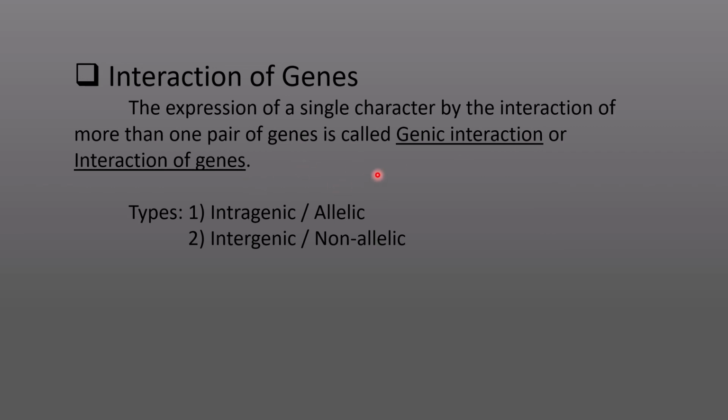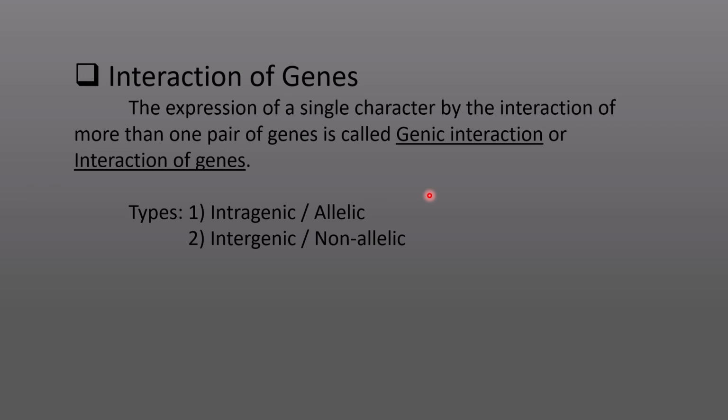I told you, right? Here one particular character is governed by more than one pair of genes. For example, if I take a tall plant, the tallness of the plant is governed by capital T, small t, tallness and dwarfness.